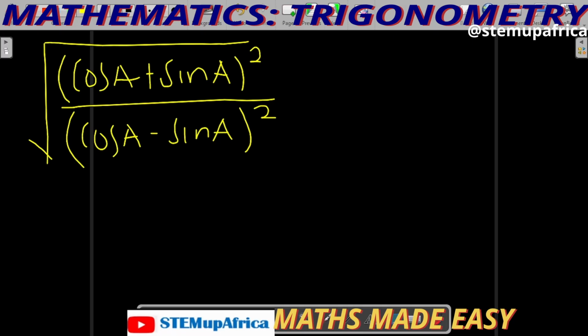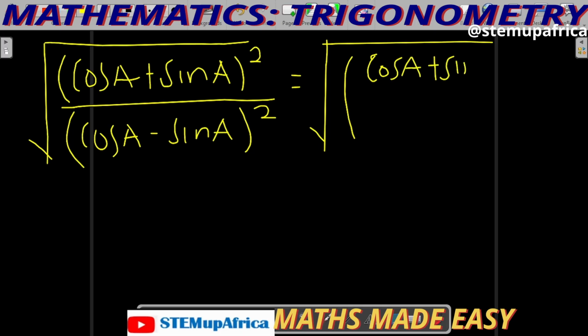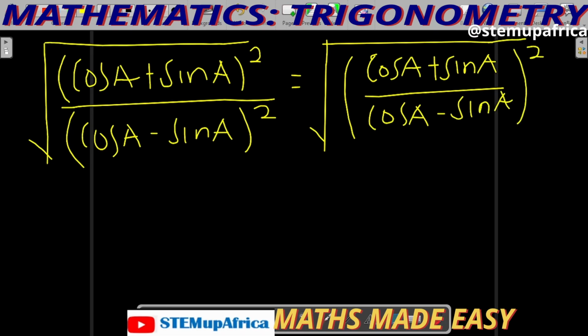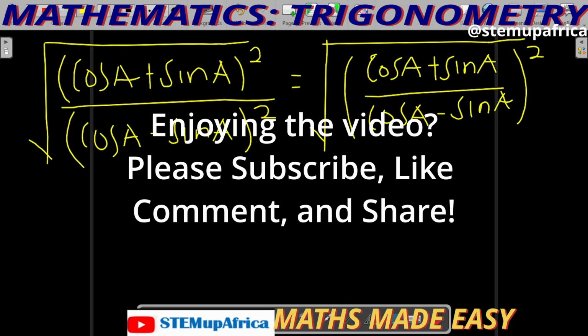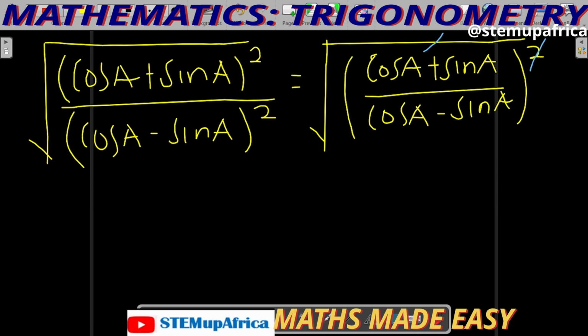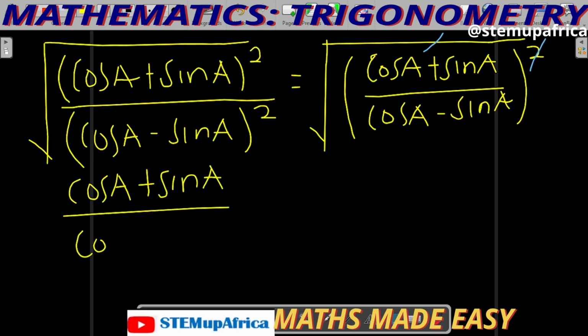As you know, I can rewrite this as the square root of cos A plus sine A over cos A minus sine A, all squared. I will group the two squares as a single square according to the principles of indices. So the square and the square root cancel, and we are left with cos A plus sine A over cos A minus sine A.